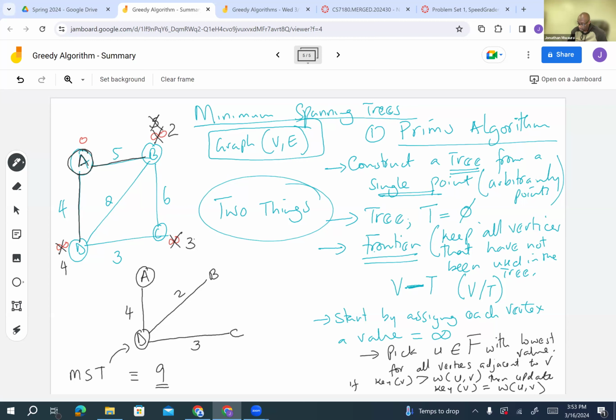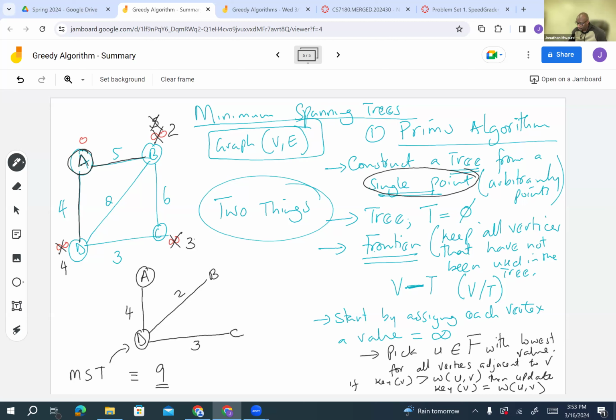The important thing is that we started by constructing a tree from a single point. We built 2 sets, a set with a tree, which initially was empty, and then we created a frontier. We did this frontier by first labeling all the vertices apart from the single point. The single point we labeled as 0, and all the others we gave the value of positive infinity.